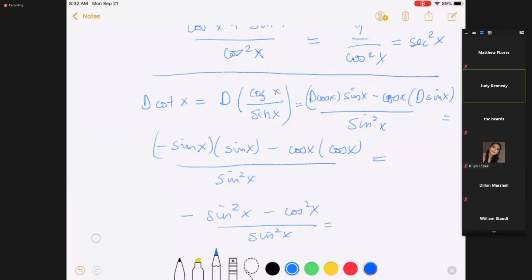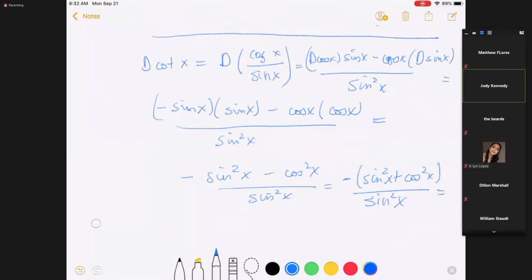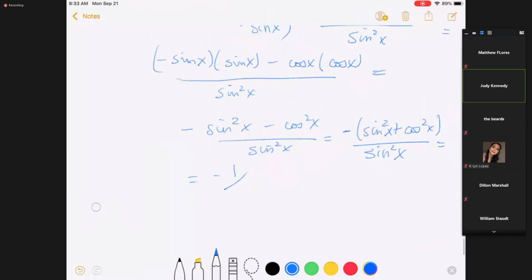I can pull that minus out of the top. And sine squared plus cosine squared is 1. So what I have is minus 1 over the sine squared of x.